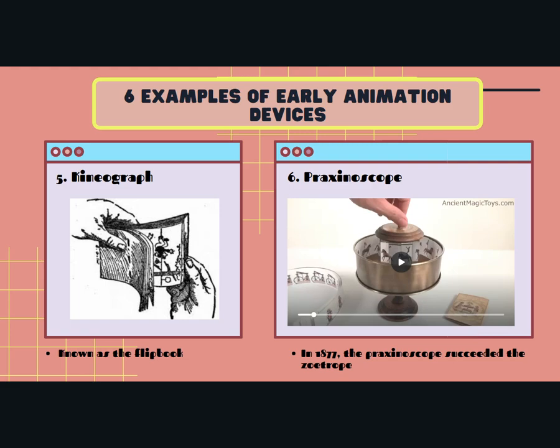This device is the same as the zoetrope, the difference being the mirrors at the center that create the illusion. The zoetrope is dimmer, but it's the same, just with the difference that it uses mirrors. So let's observe this so we can understand more.